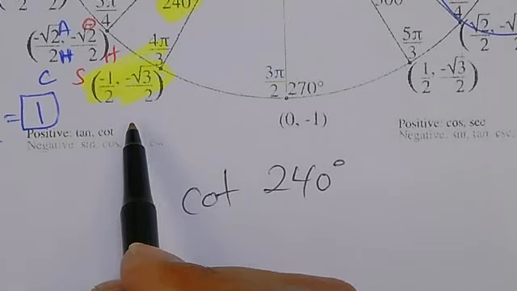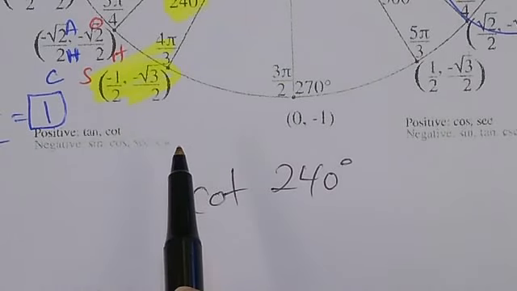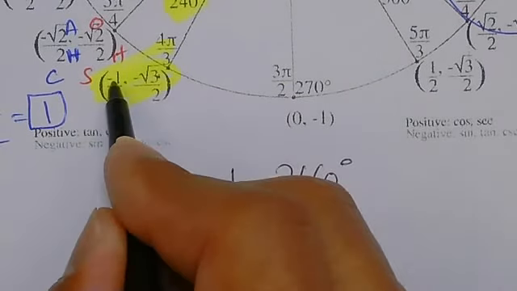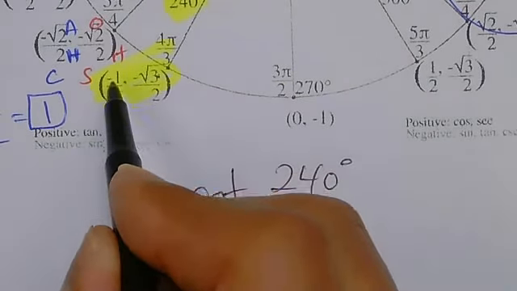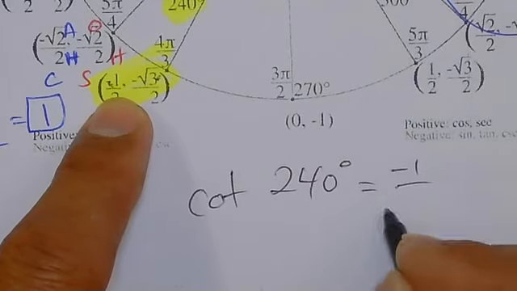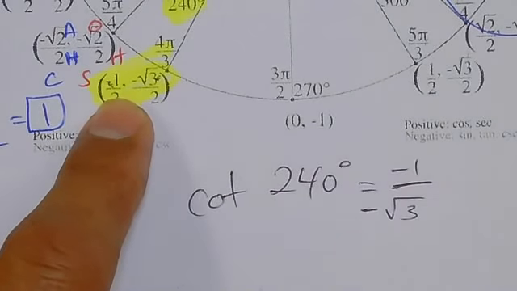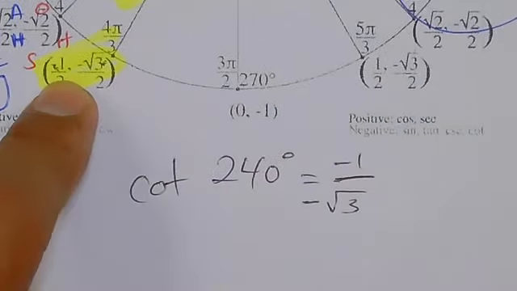Did you get tangent first and then do the reciprocal? Or is there a faster way to get it? Well, if tangent is this over this, why don't you just do cotangent this one over this one? Yeah, you can just do that. So he just flipped it over already, so that'll be negative 1 over negative root 3.